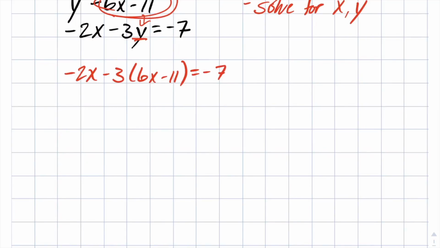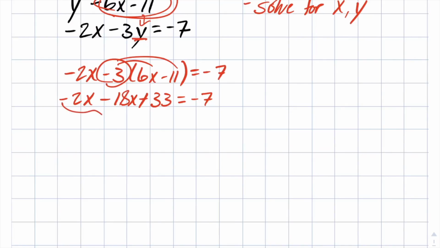Now we just keep simplifying. Negative 2x, and we're going to distribute the negative 3 here and here. Negative 3 times 6x is negative 18x. Negative 3 times negative 11 is positive 33, equals negative 7. Let's combine like terms.